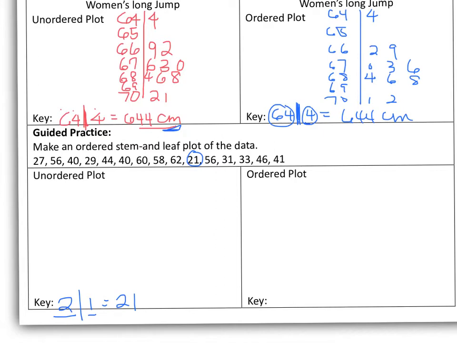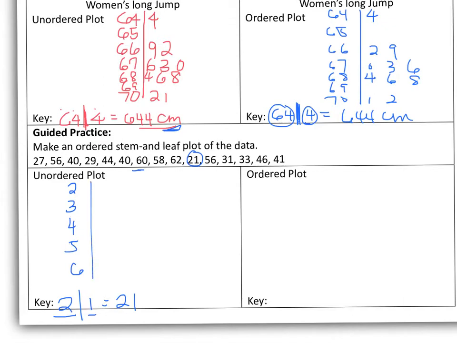So I know 2 will be my smallest stem, and 6 will be my largest stem. So 2, 3, 4, 5, 6.